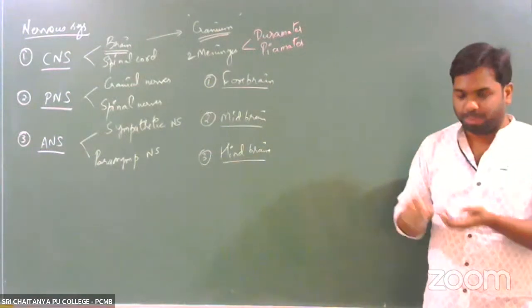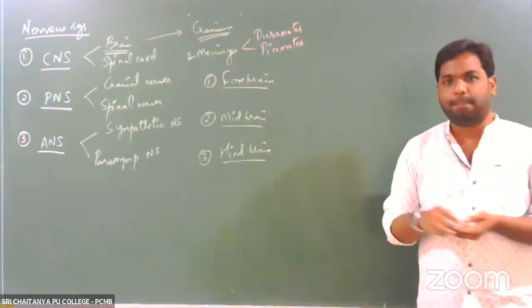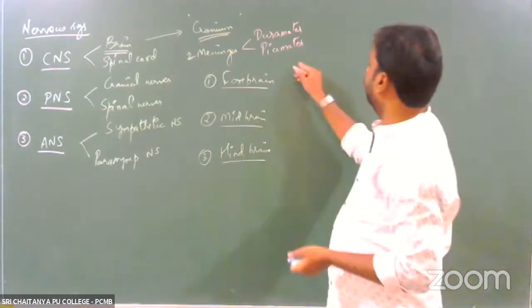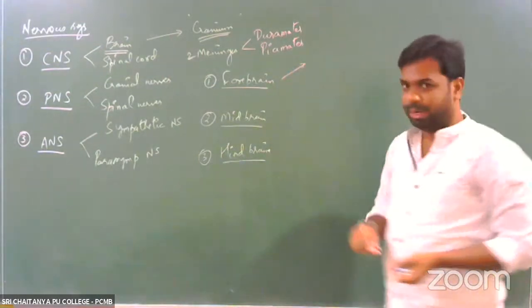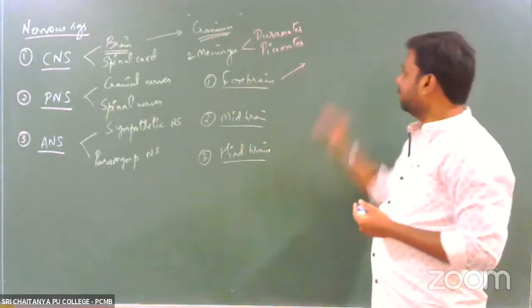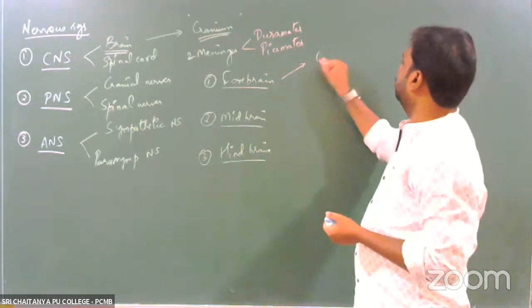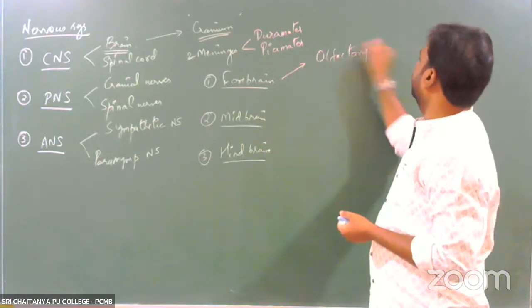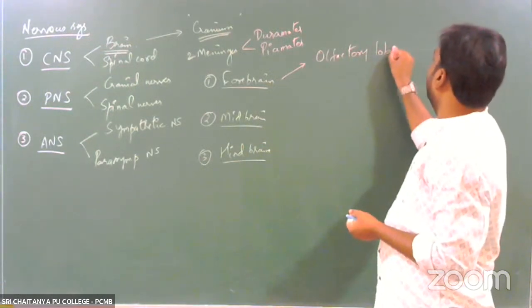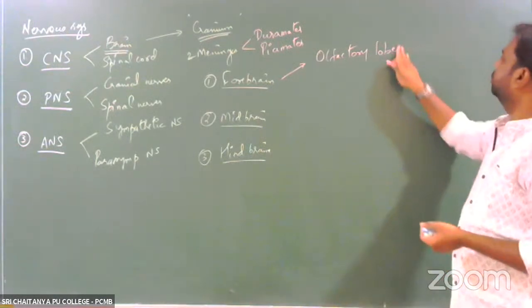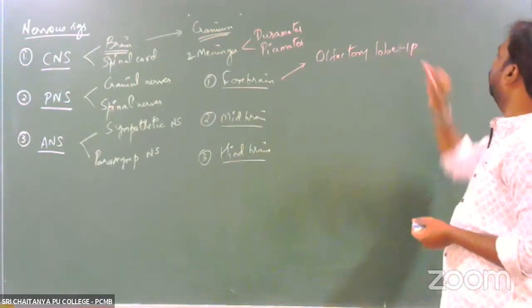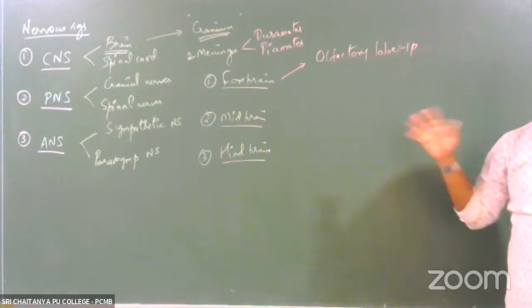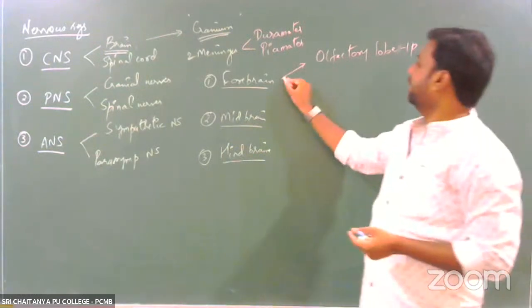Now, talking about the forebrain. The forebrain is again divided into three parts. The first region of the forebrain is a paired structure, usually referred to as the olfactory lobe. So there is one pair of olfactory lobes present.